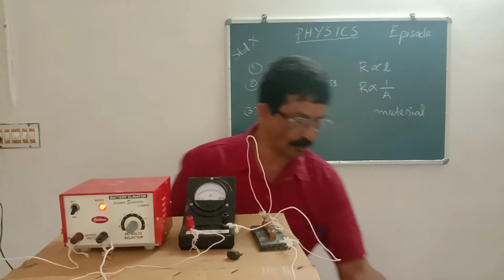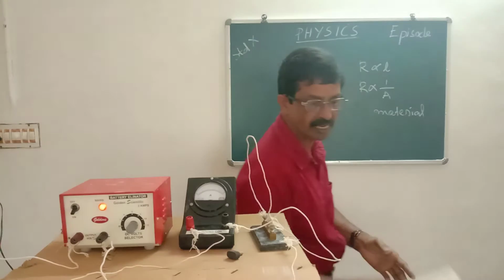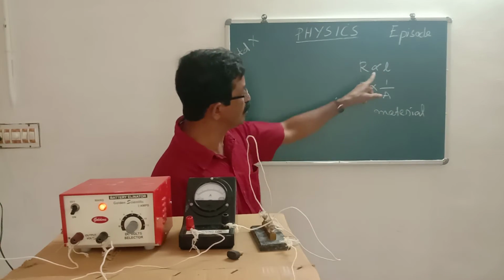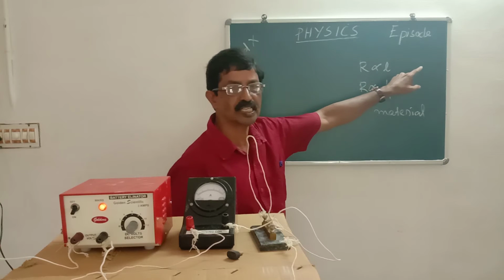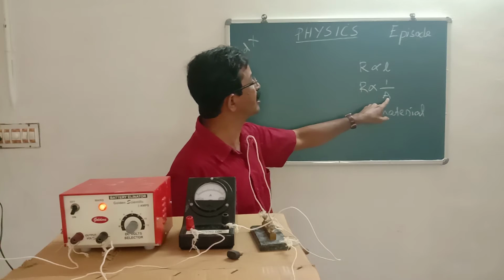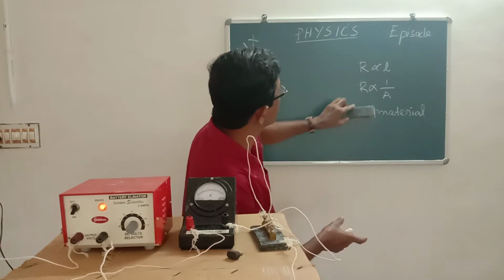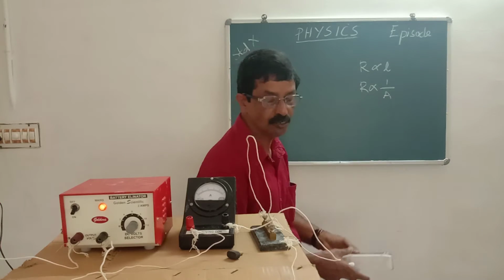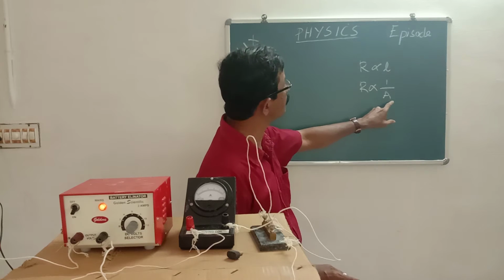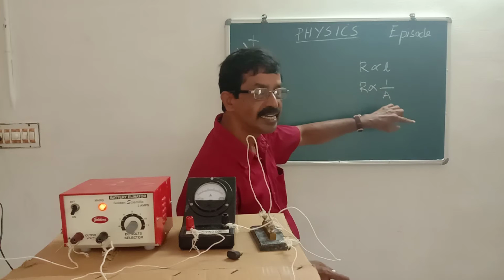Now, how does it depend? See here. The resistance is directly proportional to length, which means as length increases, resistance also increases. Another, resistance is inversely proportional to area of cross section, which means if area of cross section or thickness increases, resistance decreases.